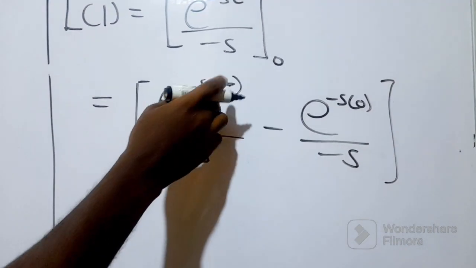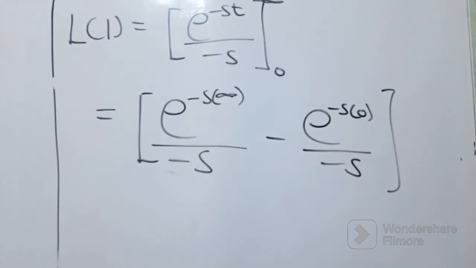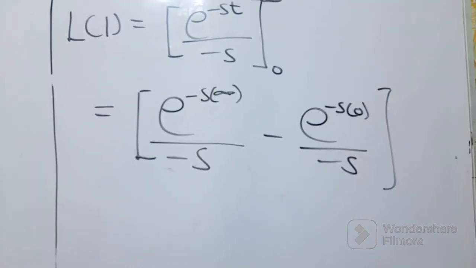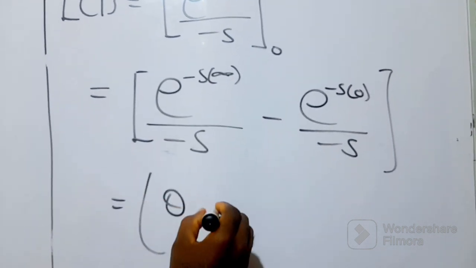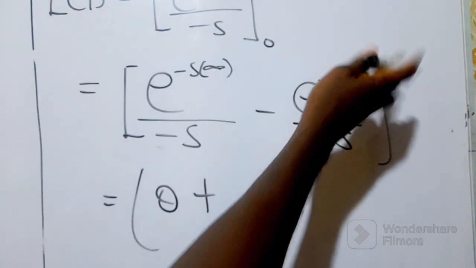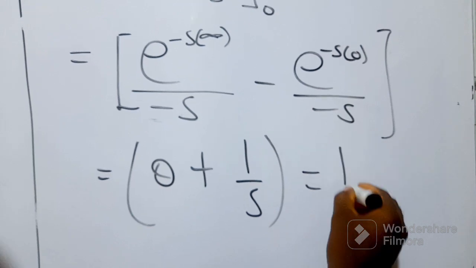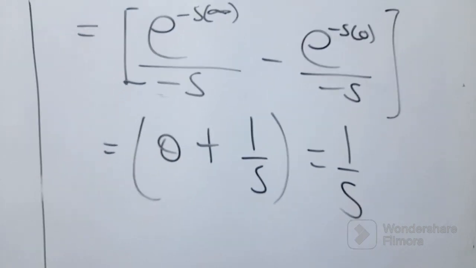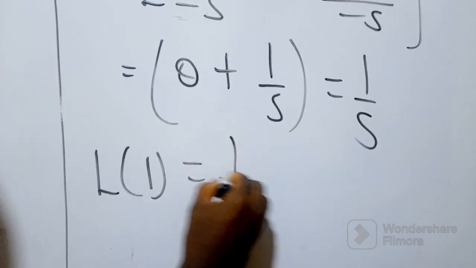So when we manipulate this, remember we'll get something like 1 over infinity, and that will give us 0. So the whole of this will be 0. So I have 0, then minus minus, so plus, the top will be 1 over s. So this will be equal to 1 over s. Then it's simply that the Laplace of 1 is 1 over s.